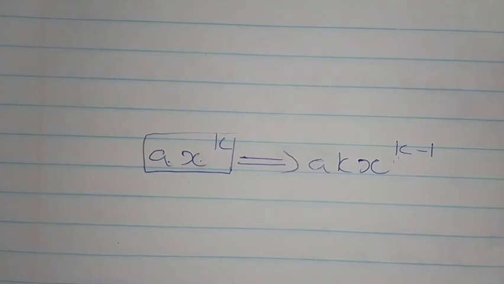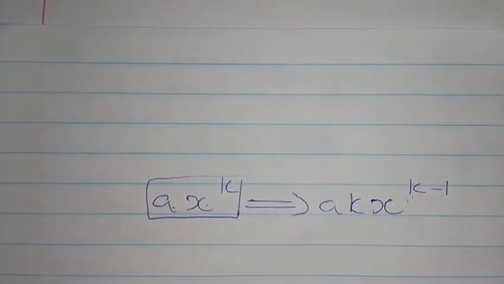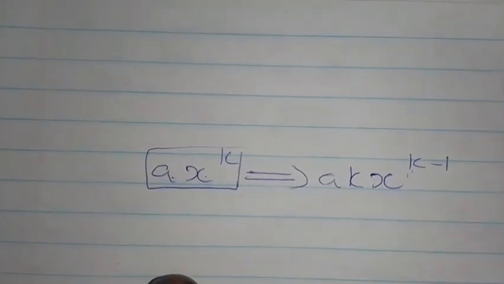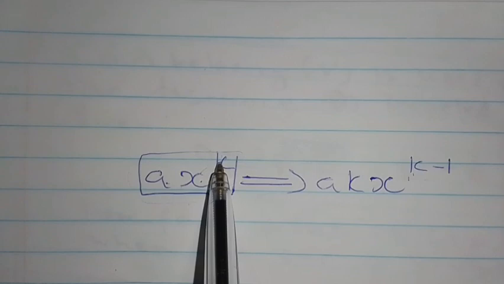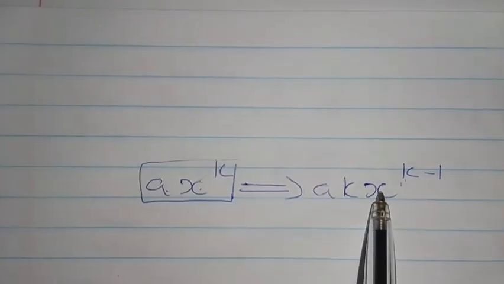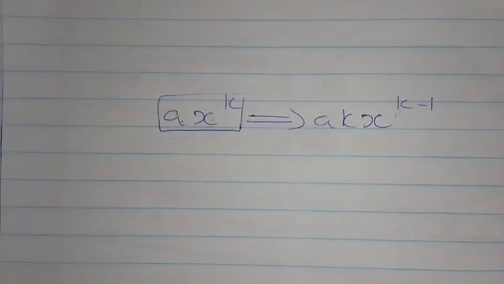Now, I want to introduce you to something called an antiderivative. When we derive ax to the k, we get akx to the power k minus 1. What does this mean?